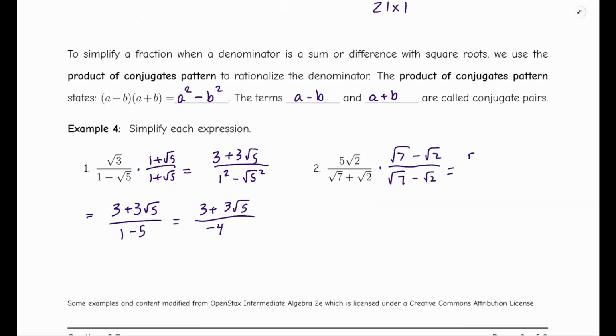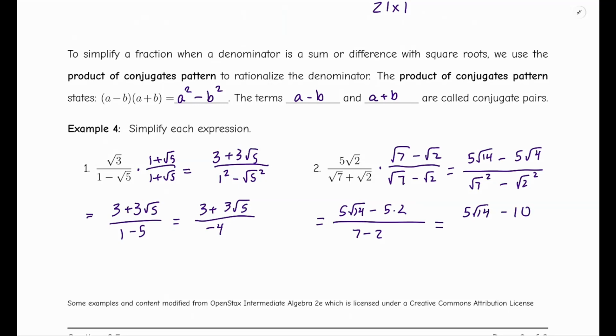So this becomes 5 square root of 14 minus 5 square root of 4 all over square root of 7 squared minus square root of 2 squared, which is 5 square root of 14 minus 5 times 2 over 7 minus 2. So we get 5 square root of 14 minus 10 all over 5, which then can be reduced to the square root of 14 minus 2. And that is it for section 8.5.